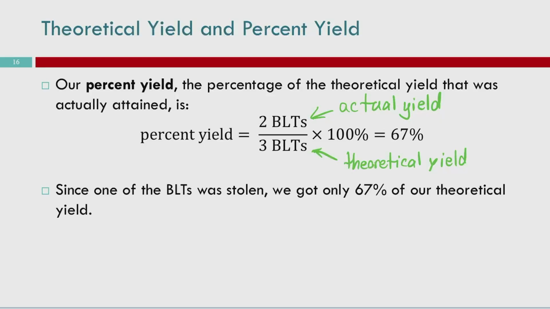With the analogy of making sandwiches, calculating a theoretical yield feels a little bit silly. If we were a big business, if we were working at a Chipotle and we were a manager, then percent yield might make a little bit more sense. We're going to have some loss. We're going to have some ingredients that need to be thrown out. So having some idea of how much we have to over order would make sense.